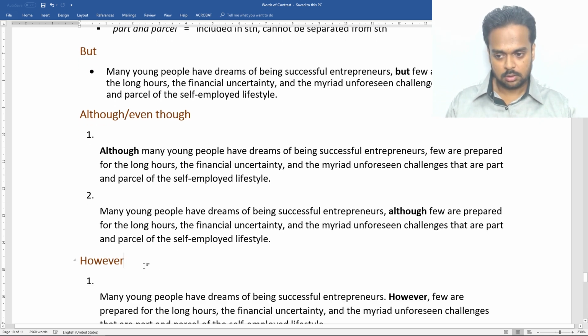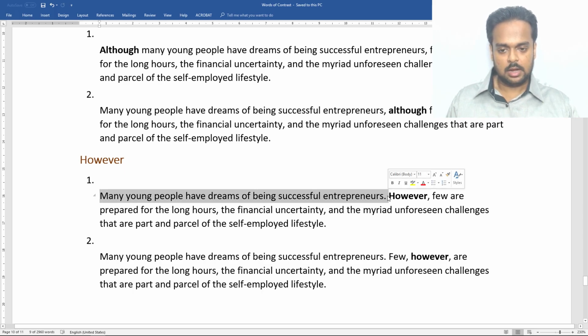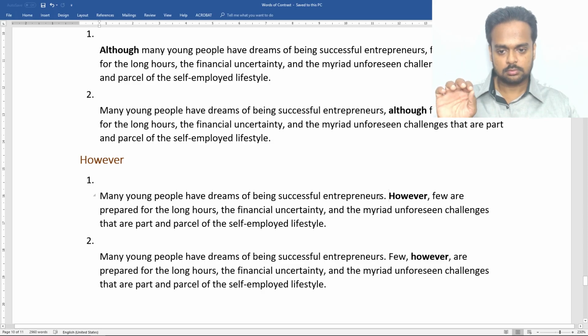With however, again, you have a couple of options. You either put the first clause as a sentence on its own, end it with a period, and start the second clause with however, or you can say, many young people have dreams of being successful entrepreneurs. Few, however, are prepared for all the challenges. This is also fine, and this actually highlights the contrast nicely.